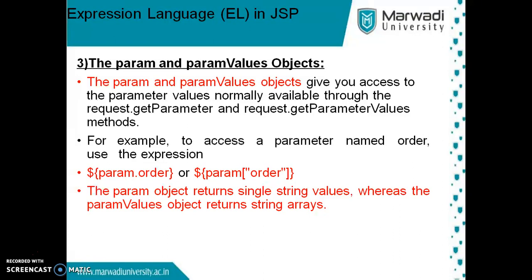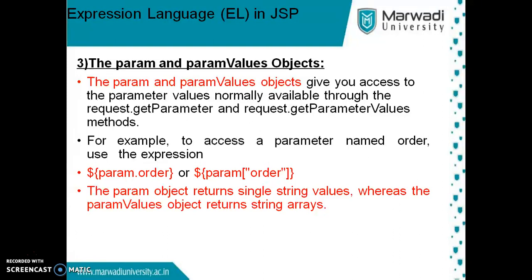The next one is the param and paramValues objects. The param and paramValues objects give you access to the parameter values normally available through request.getParameter or request.getParameterValues. In the servlet you have studied the request.getParameter method or request.getParameterValues method in JSP form processing, right? The same replacement is available over here.